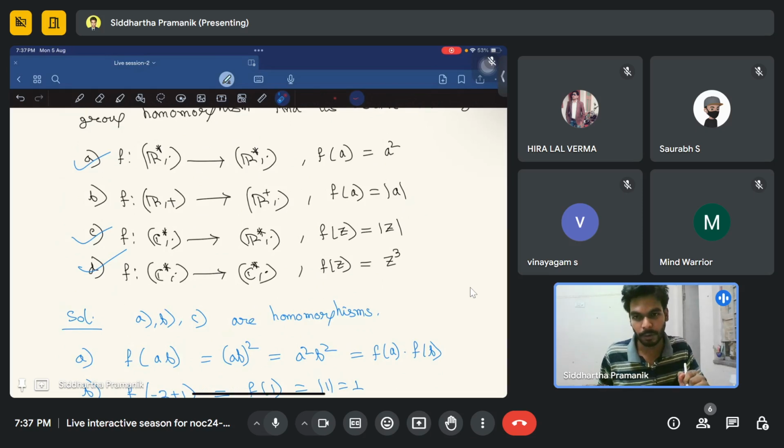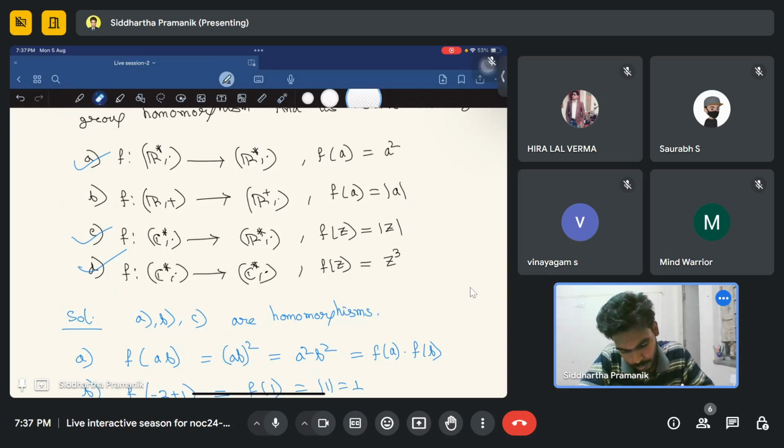So now do you have answer for kernel and image for these homomorphisms? So what about the first one? What is the kernel and what is the image? So square of a real number is always positive, right?